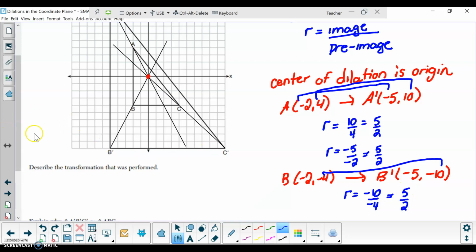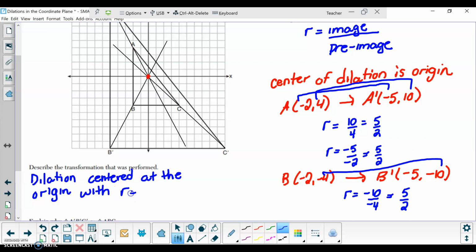The same thing would happen if we use C and C prime. So here, when it says describe the transformation that was performed, we're going to say a dilation centered at the origin with a scale factor of 5 halves.